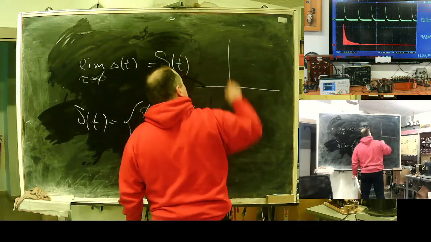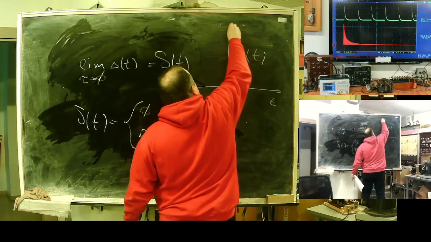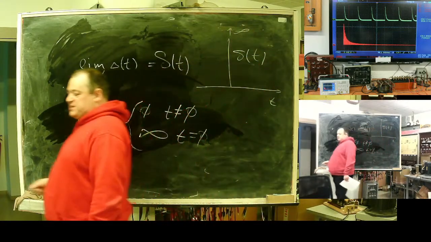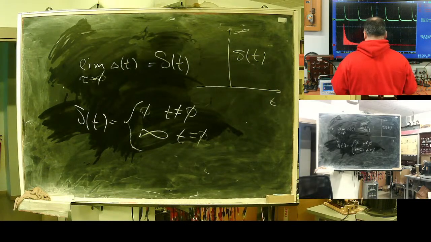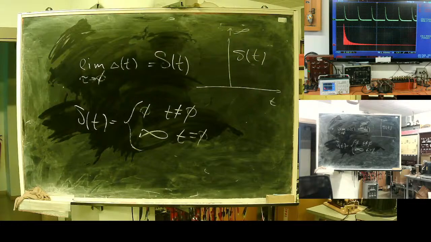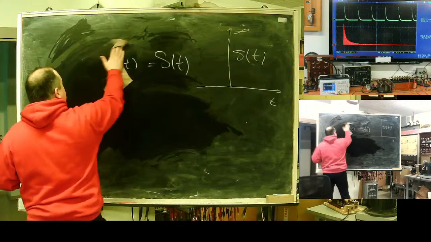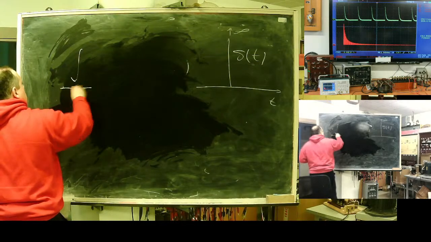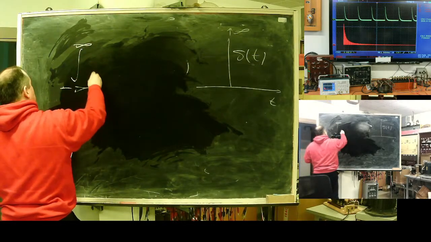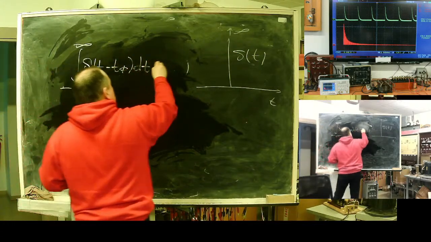It's a kind of absolutely thin needle going to infinity. It's absolutely fast. But the area of it is still 1.